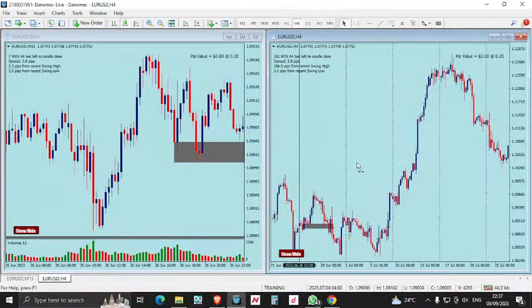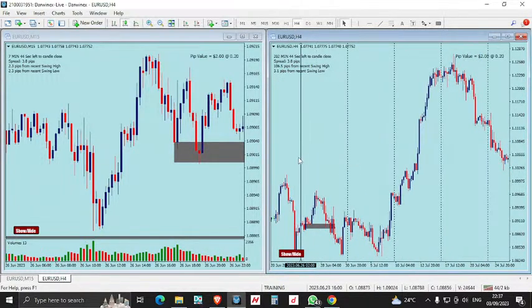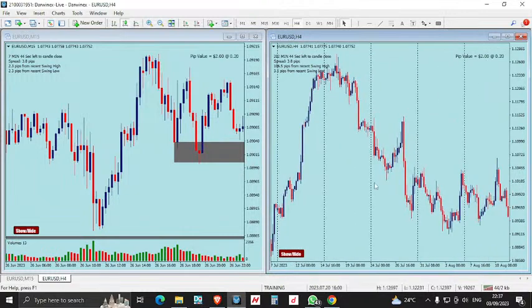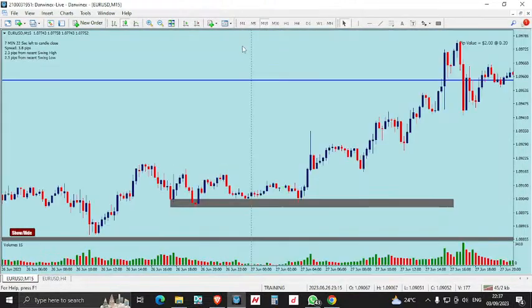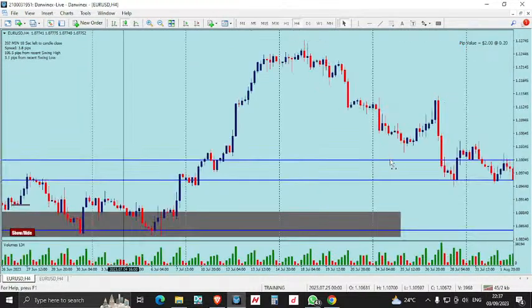Good. Okay, let me use another example. We check from here, draw our zone from here. Then we come back here under 4 hours.